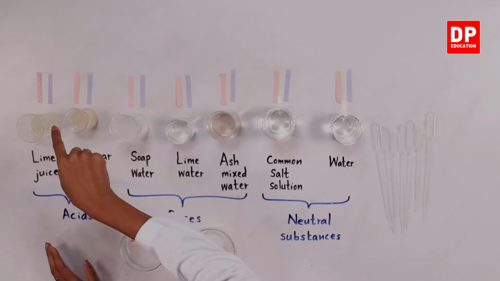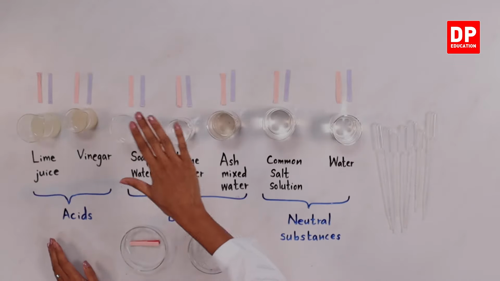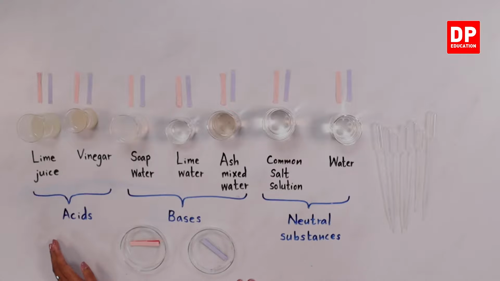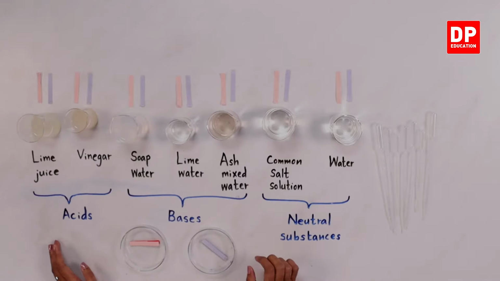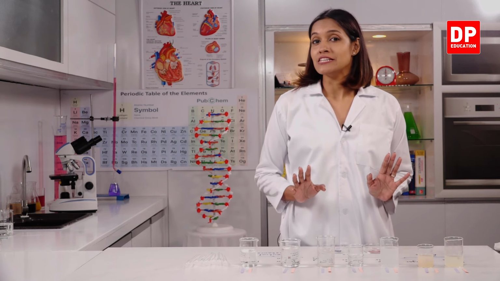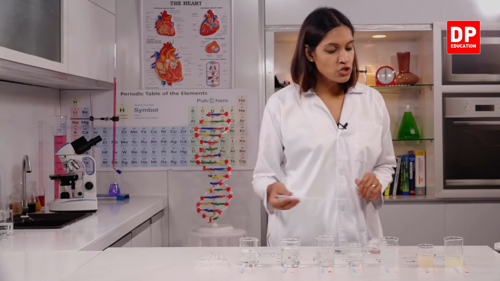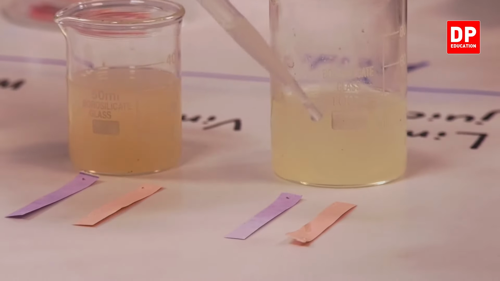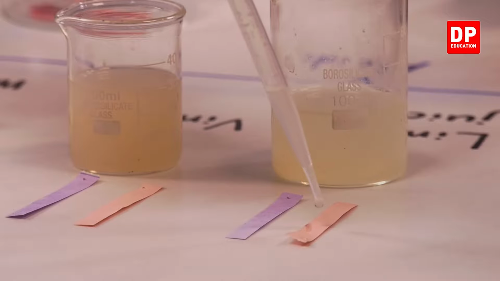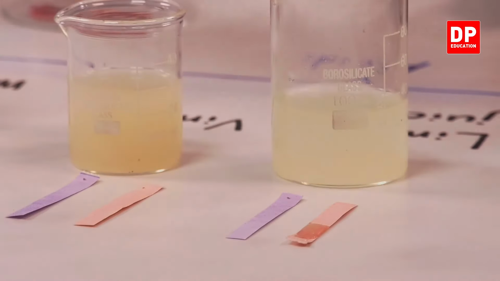So now you all can see I have placed red and blue litmus paper in front of each of these solutions. I am going to add a drop of each solution on this litmus paper now. You all have to observe the color change carefully. Okay. We will start with lime juice. I will take some lime juice and put 2 drops onto this red litmus.